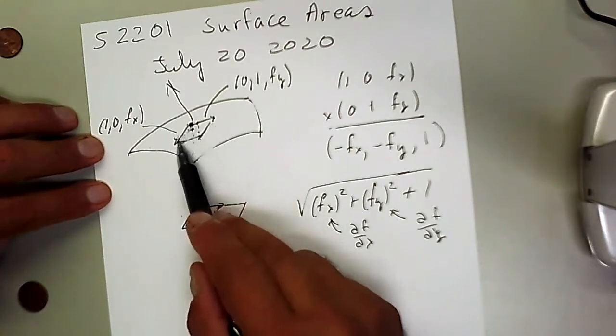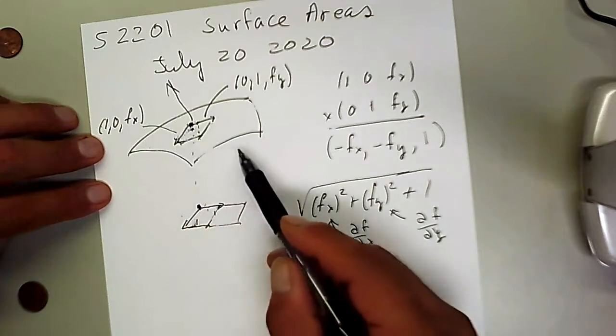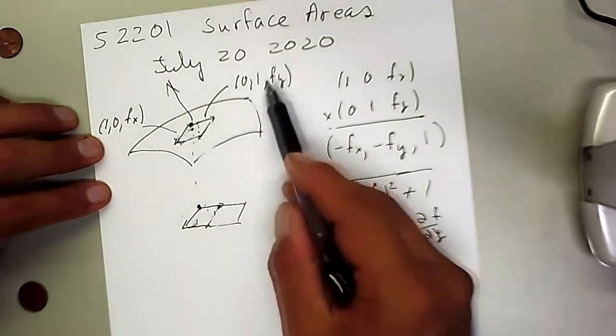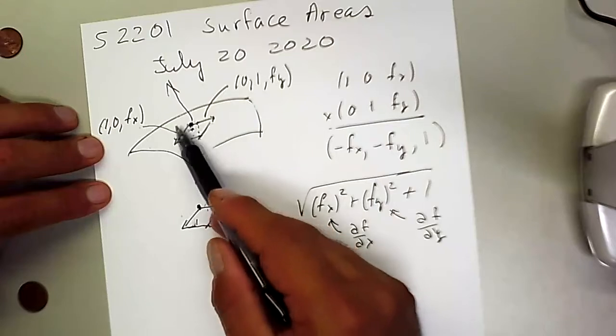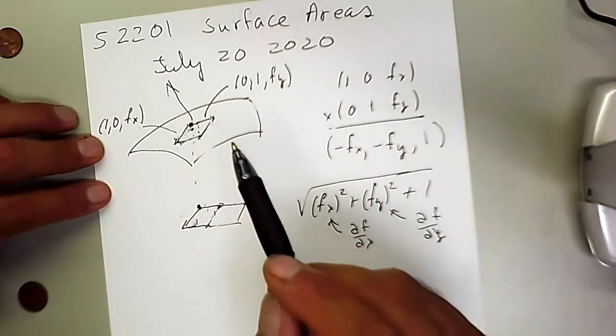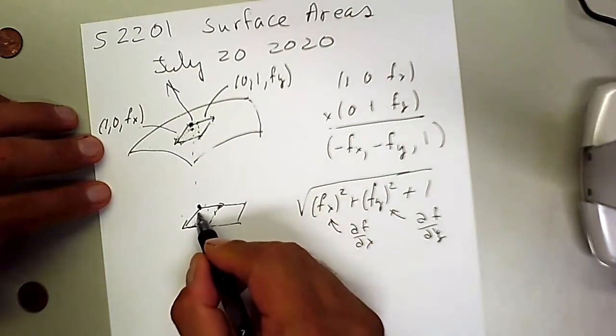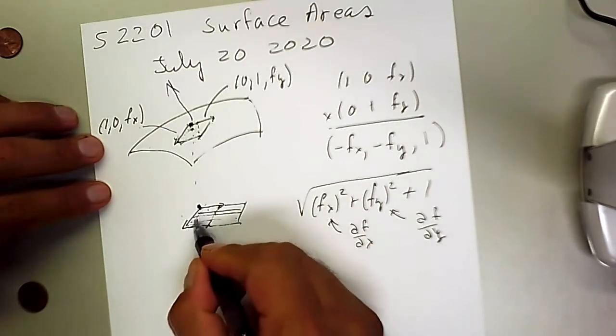These are the hypotenuses of triangles where 1 goes across, and then we have f sub x or f sub y as the height of those other triangles. But we want to split this into even smaller pieces, much smaller pieces.